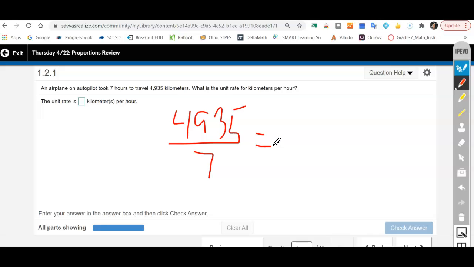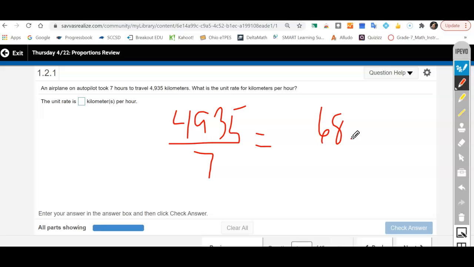Let's punch that into a calculator. 4,935 divided by 7, and that is 68.54 or 68. That's not right.